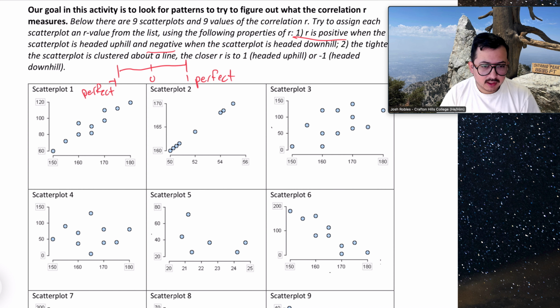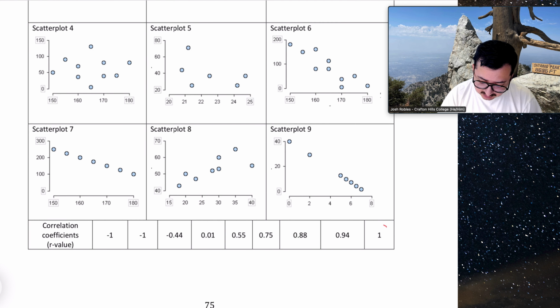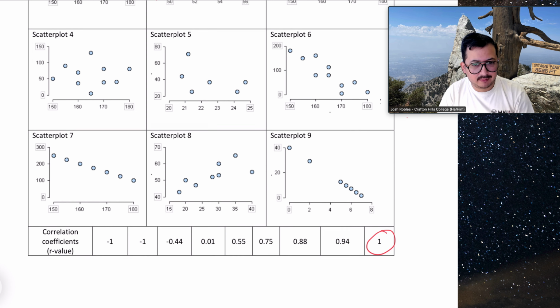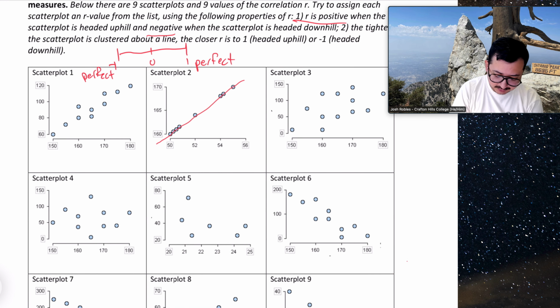Okay, so there's a bunch of different correlations at the bottom. I'm going to label at least one of these graphs here. The second one really looks like they're on a perfect line. This is a matching problem, and out of all these correlations, one of them has +1 as its correlation.